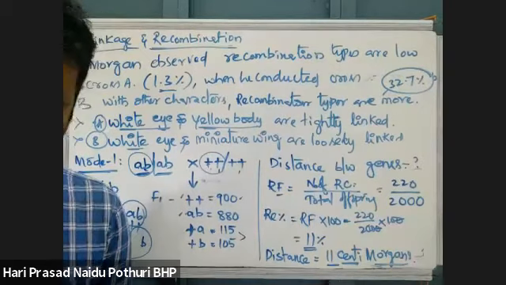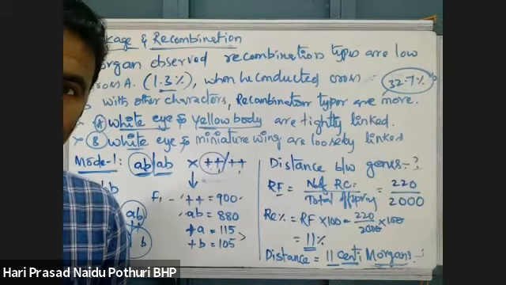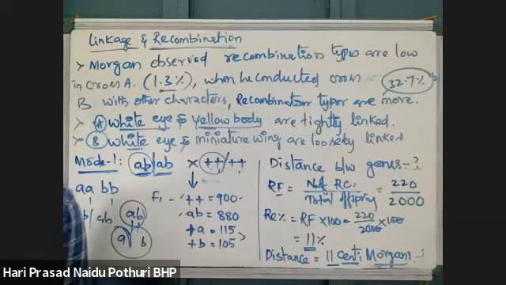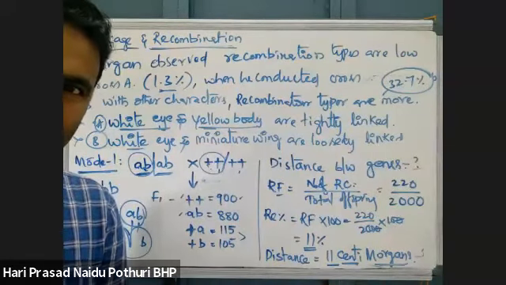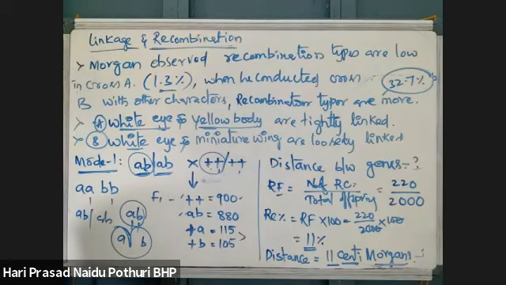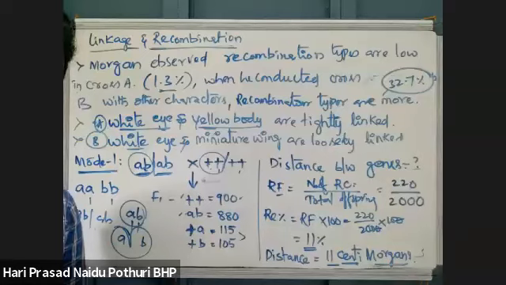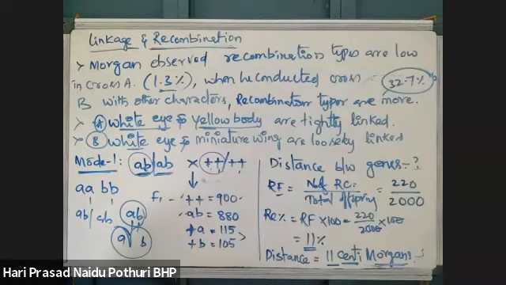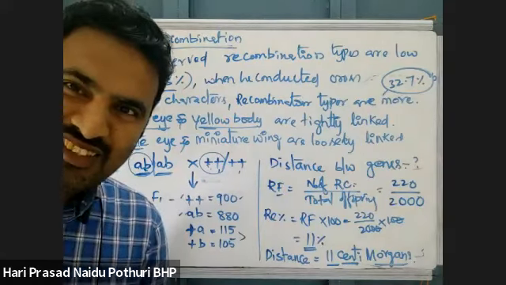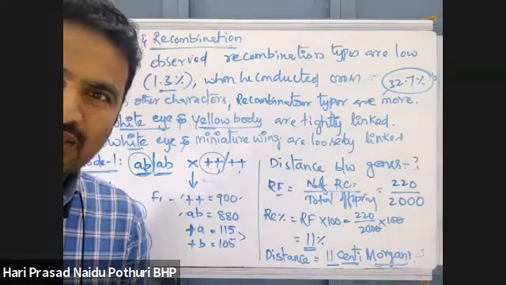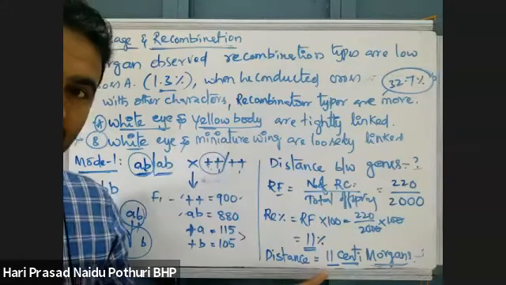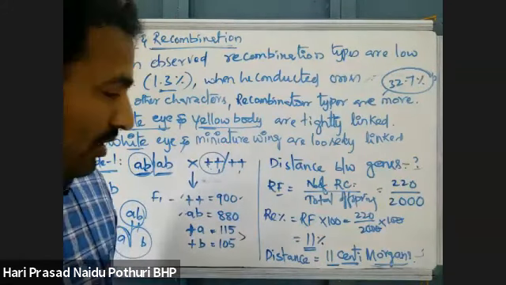Yeah, understood. Map unit is 11. What did I tell you?